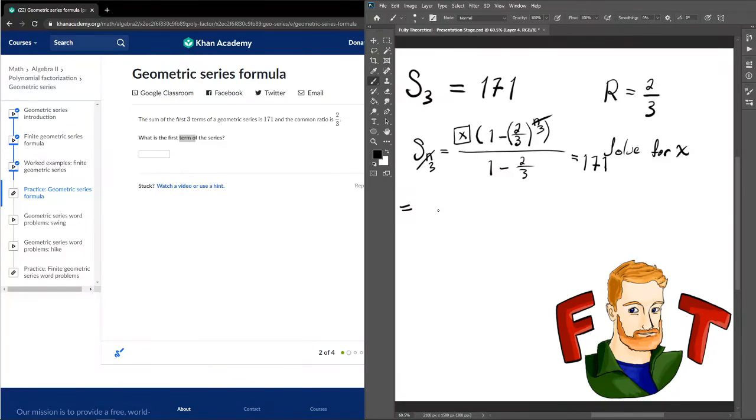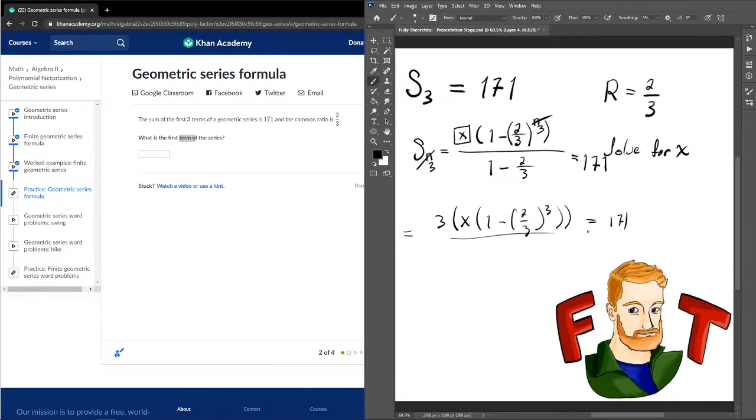So we have 3 times x times 1 minus 2 over 3 cubed equals 171.